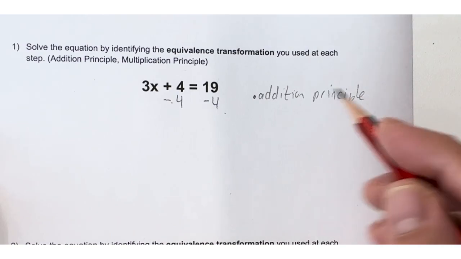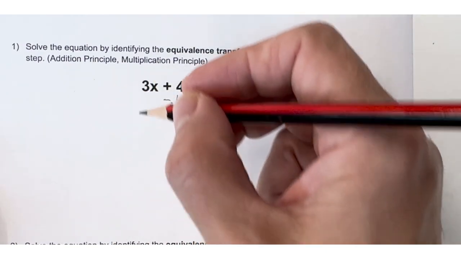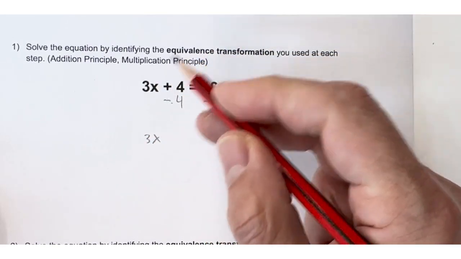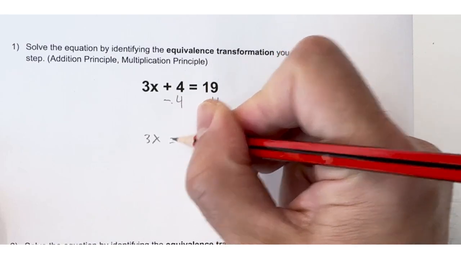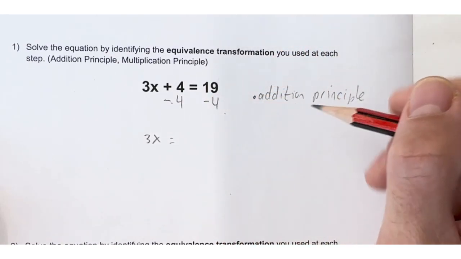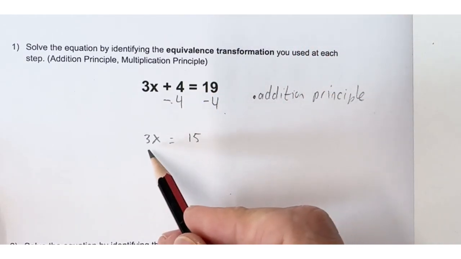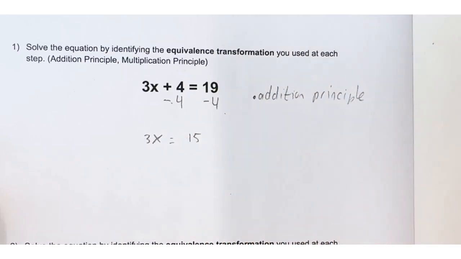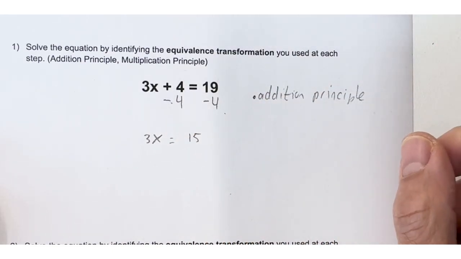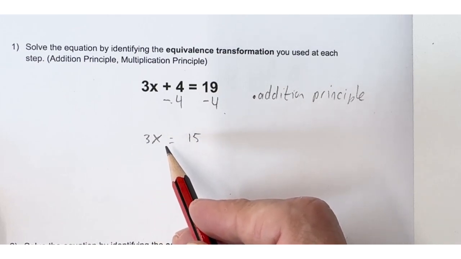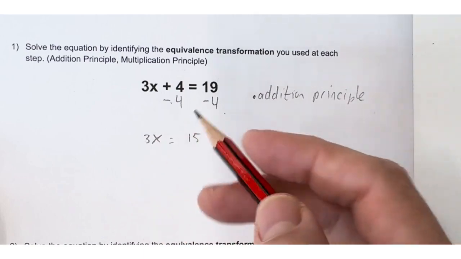Okay. So after we can now rewrite this, and so the 3x has not been changed. Positive 4 and minus 4 make 0, so that goes away. And 19 minus 4 is, in fact, 15. Okay, so now we have this term by itself, and now we need to get x by itself. To get x by itself, this says 3 times x, or 3 multiplying x. So the opposite of multiplying is dividing.